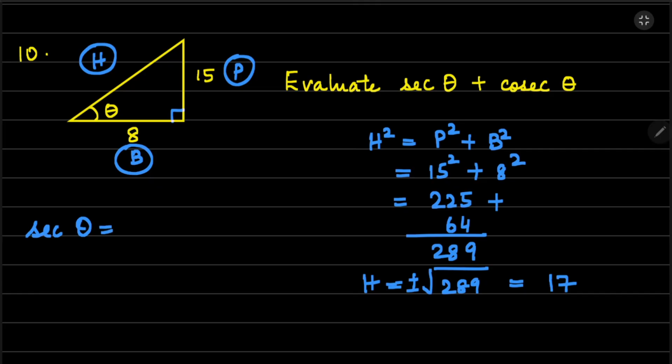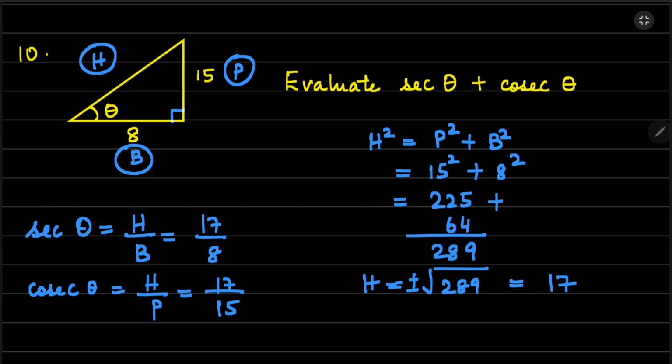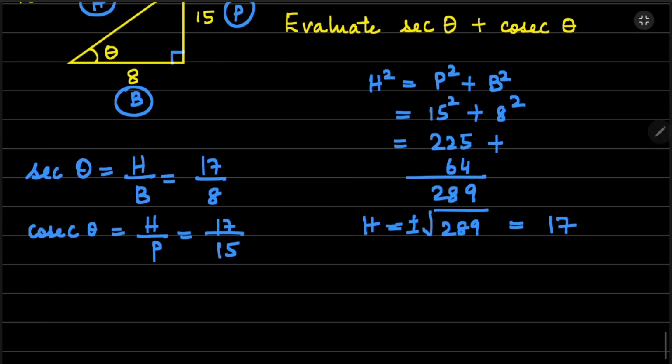See, again, cos theta is b by h, so secant theta is nothing but h by b. What is h? 17. What is b? 8. Okay, cosecant theta is nothing but h by p, perpendicular. Okay, h is 17, perpendicular is 15. What are you asked? You have to add the two.